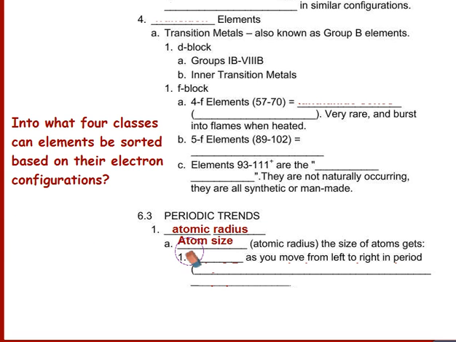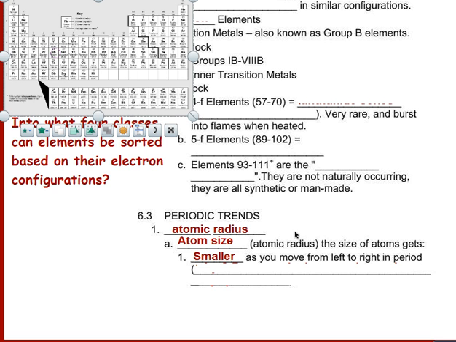All right, now the atomic size gets smaller as you move from left to right in a period. So what I'm going to try and do is keep a periodic table on the screen at all times so you can see what I'm talking about with the trends.